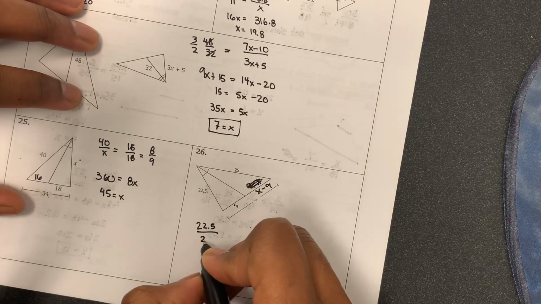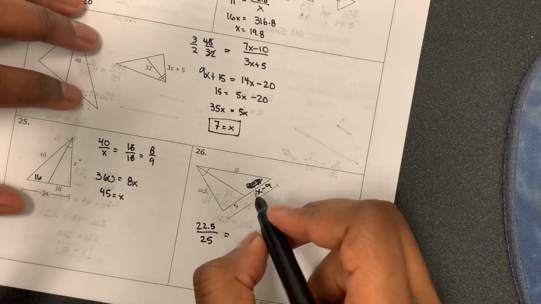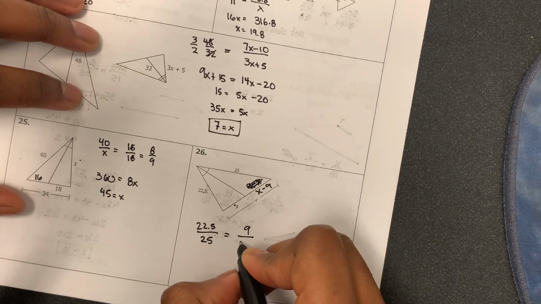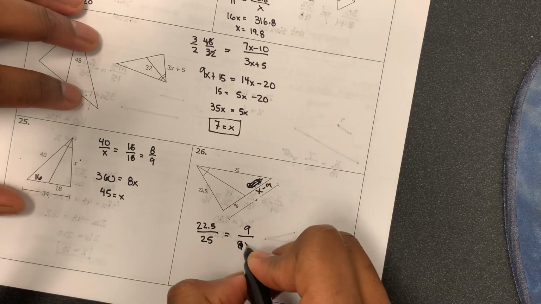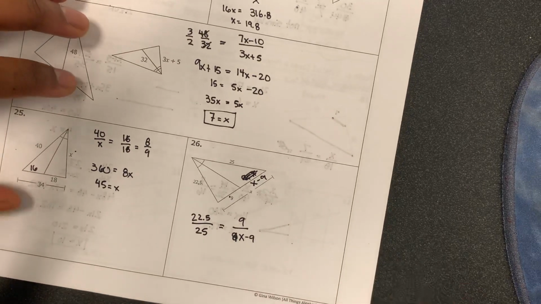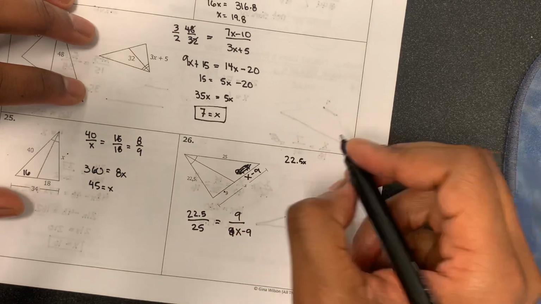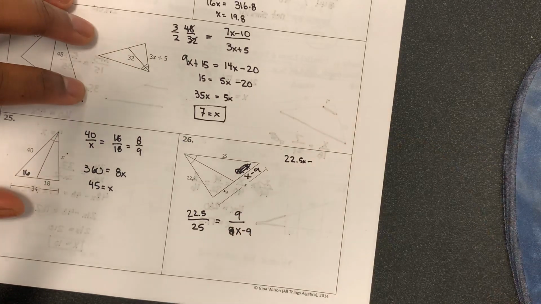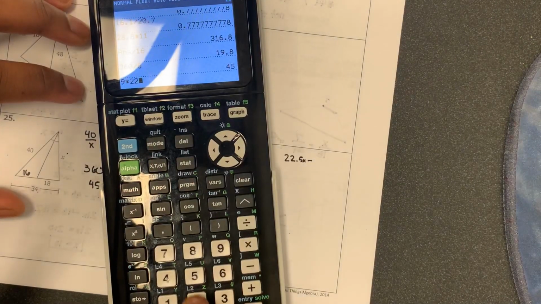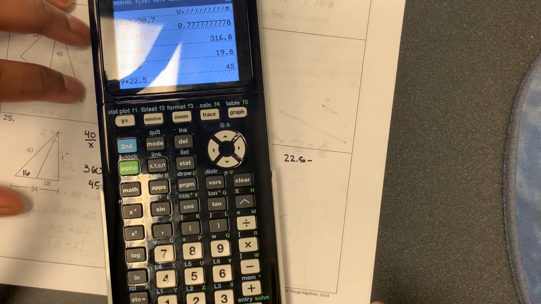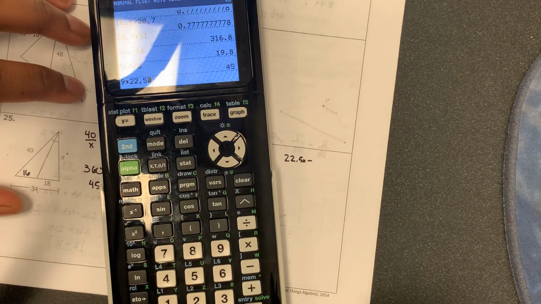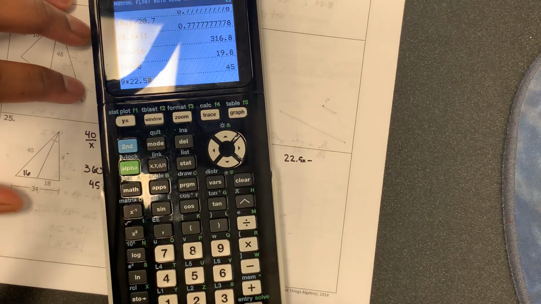So what we know is 22.5 divided by 25 is equal to 9 over x minus 9. If we distribute, we would get 22.5x minus 9 times 22.5, what's that? 202.5. Whew.